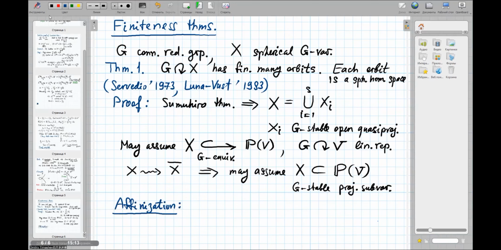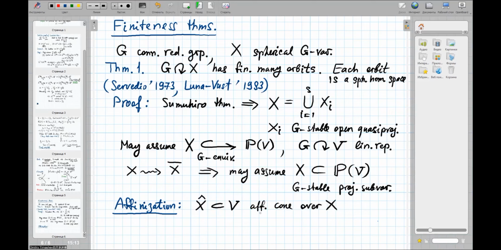Given a projective variety X, you may consider the affine cone over it. Let me denote it as X hat. This is the affine cone over X sitting in the overlying vector space.